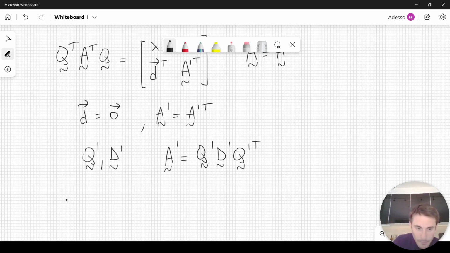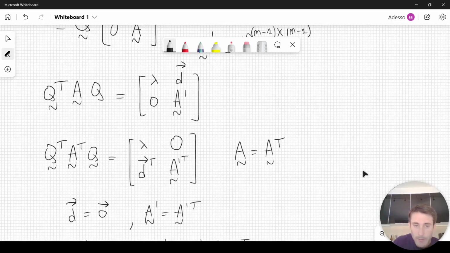And therefore, we can write Q transpose A Q. This is equal to, now remember that we have to set D equal to 0 here.